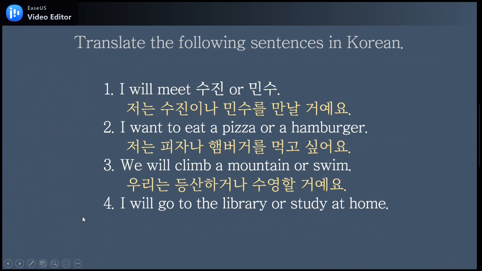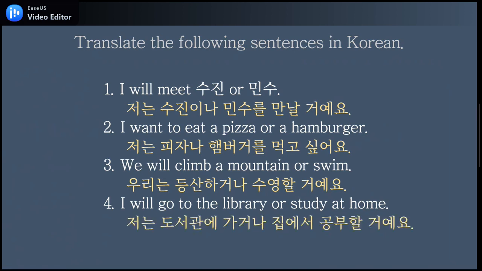Number 4, I will go to the library or study at home. Okay. With or in between, what do we have? Go to the library and study at home. So this is basically listing two verb phrases, isn't it? So we need 거나 here.